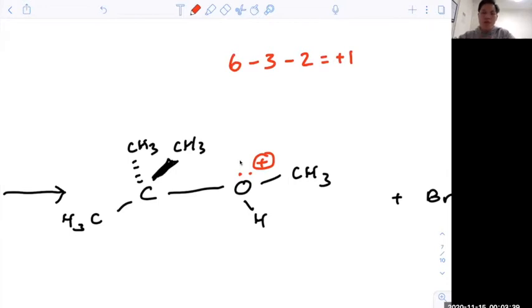And what do we know about oxygen? Oxygen is not the most electronegative, but it is an electronegative element. So if it's an electronegative element, it doesn't want this positive charge, right? It either wants to be neutral or it wants to have a negative. So having this positive charge on an oxygen is actually really, really bad.